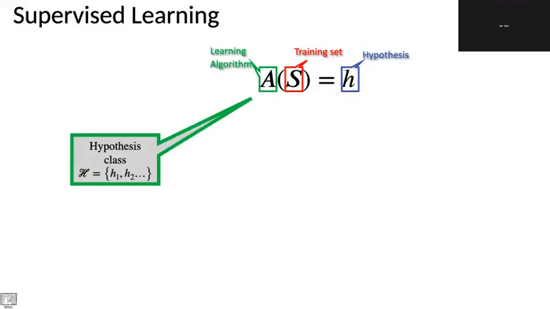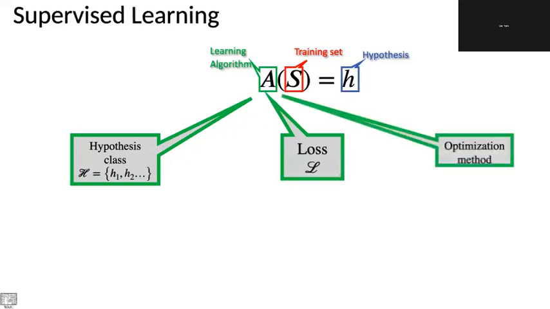And what we've seen is that the learning algorithm is composed of three factors. First of all, we need to define the hypothesis class. What is the class of the classifier that we are interested in? What is the loss, the cost function that we want to minimize? And what is the optimization method that we're going to use?